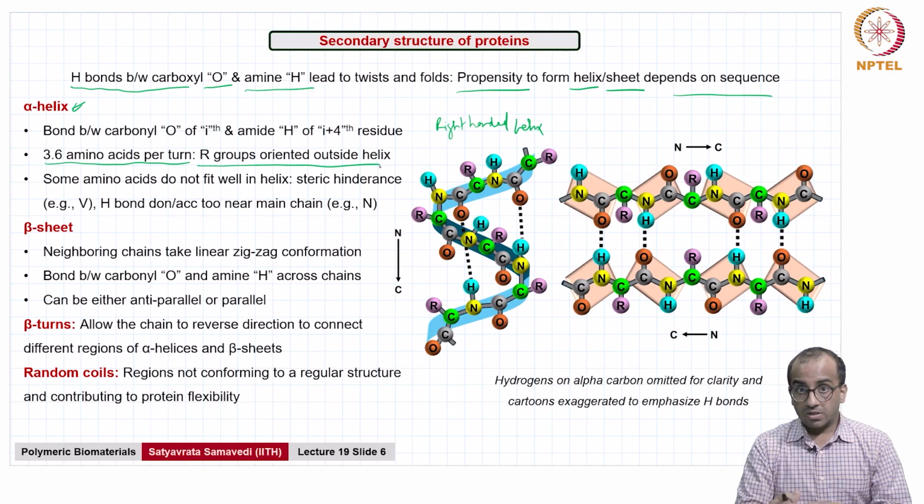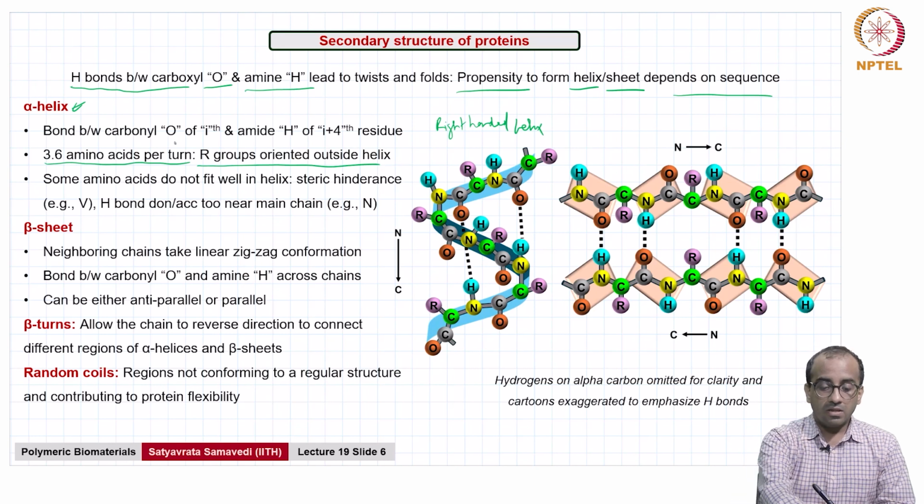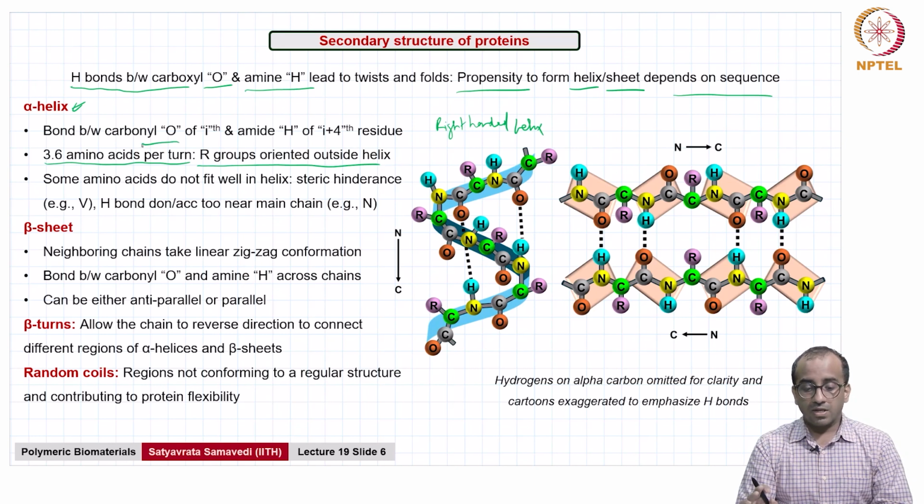And one important feature of the alpha helix is that there is a hydrogen bond that forms between the carbonyl O of the ith residue and the amide H of the i plus 4th residue as shown here.